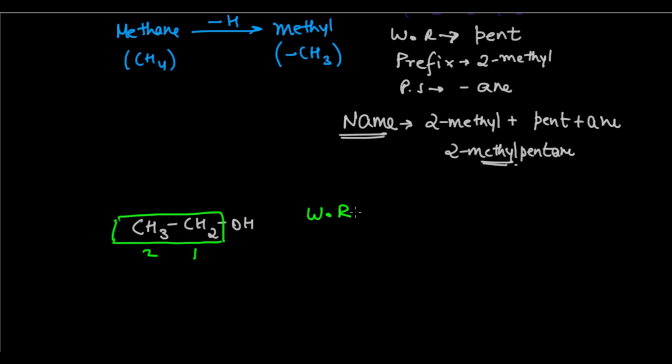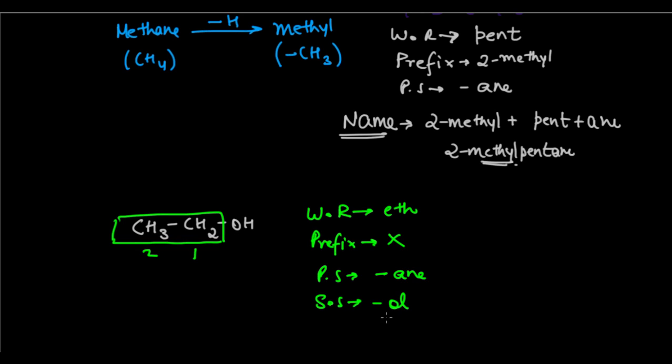Yes, there are 2 carbon atoms in the parent chain, so the word root will be eth. Very good. Let's look at the prefix. Is there any prefix? No, there is no prefix because there is no substituent attached and there is no halo group. Next comes the primary suffix, which is ane, because all are single bonds, and then the secondary suffix, which will be present this time because there is a functional group.